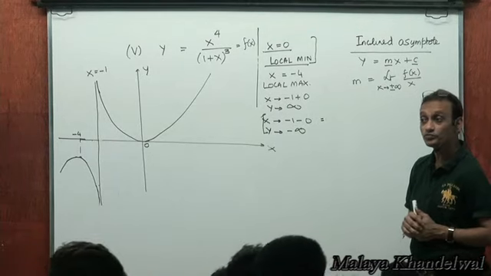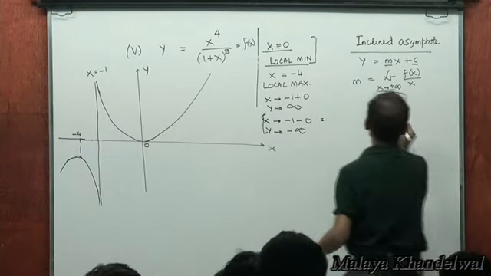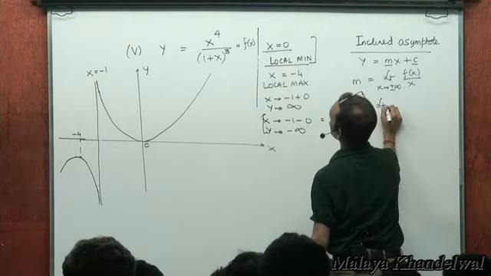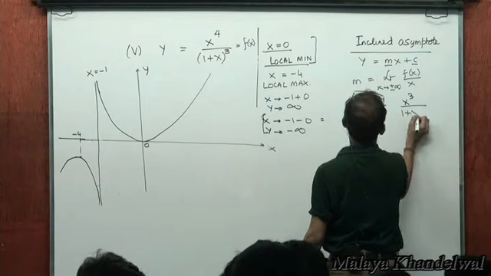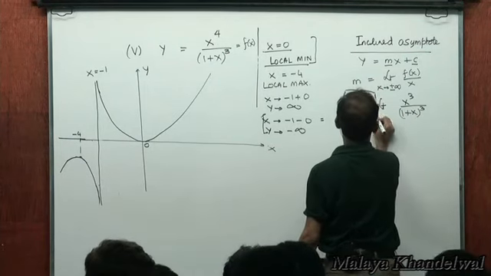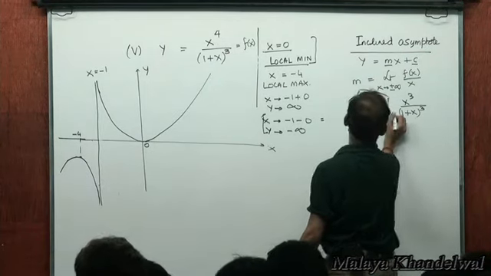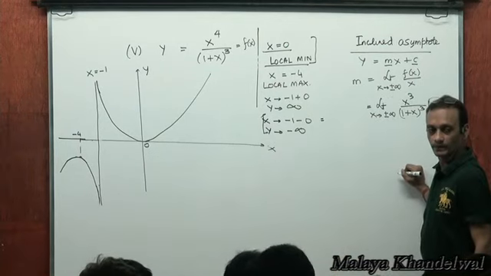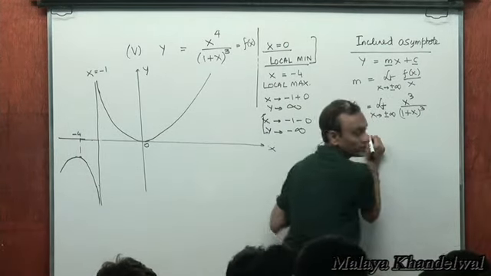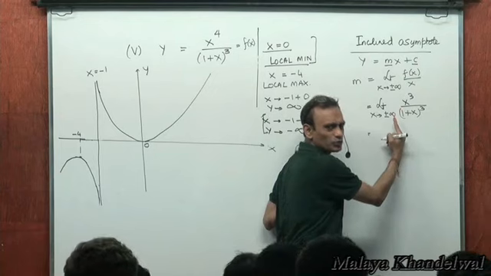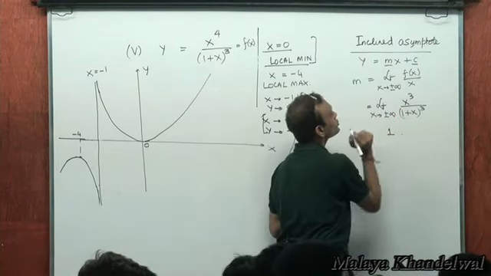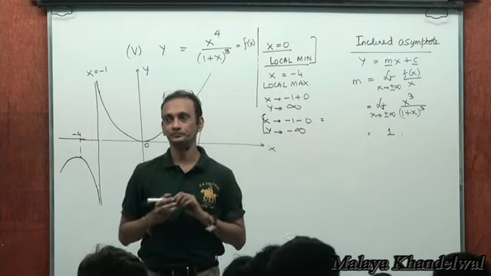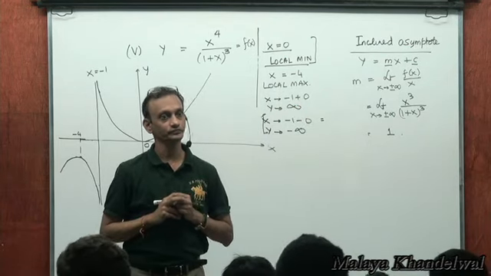That must be the slope, right? f(x) by x means x cubed by (1 plus x) whole cubed as x tends to plus minus infinity. And what is this limit equal to? 1. You divide by x cubed in numerator and denominator, you will get this limit as 1. So m turns out to be 1. Right?